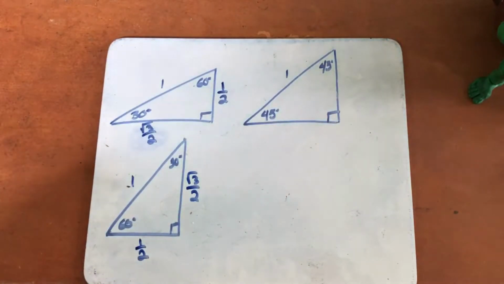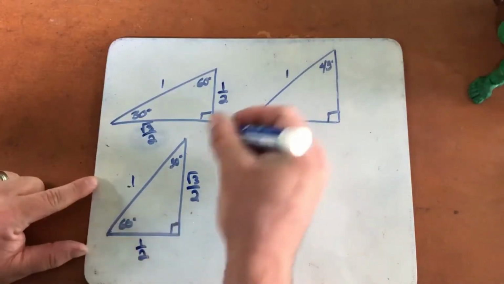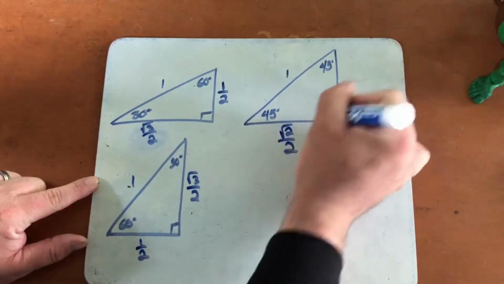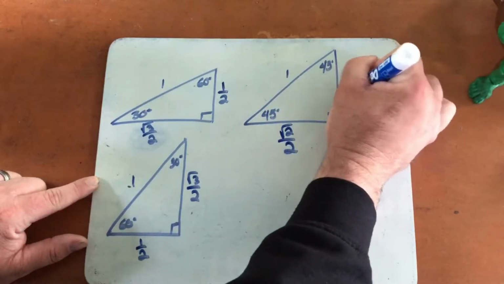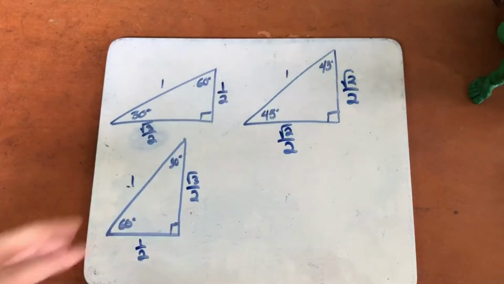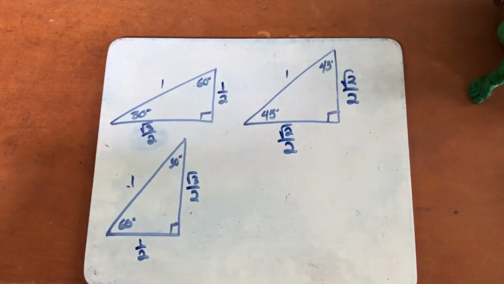So in this case, I would have to divide by √2 going back. And when I do that, I end up getting √2 over 2. All right, so these values are the values that are used for the coordinates of the unit circle. And we're going to take a look at that in just a minute.